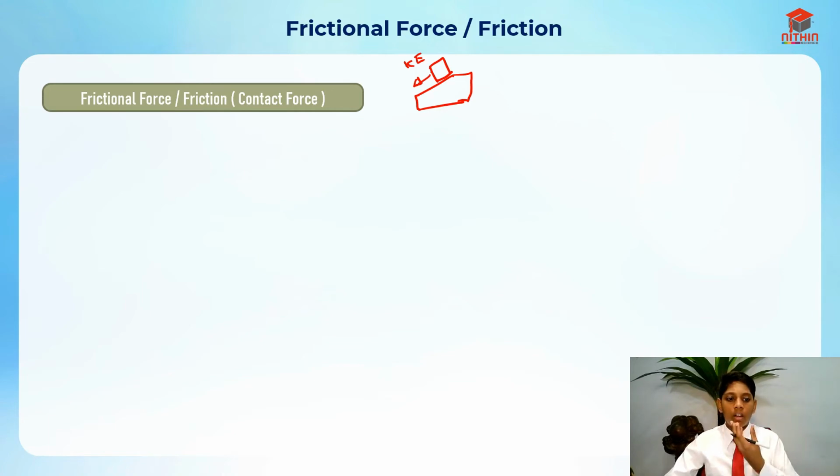But there's an opposing force acting on the object, which is basically friction. I'm going to make the ramp straight. When the object goes down the ramp, it will lose some kinetic energy because of the friction, okay?